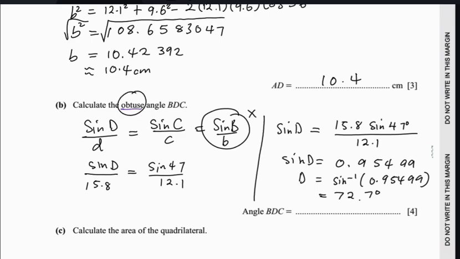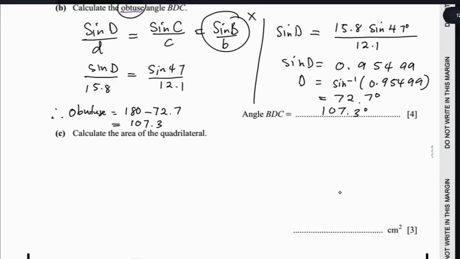You realize this is an acute angle, so the obtuse angle is equal to 180 minus 72.7. This gives us 107.3 degrees. Remember, when you're giving answers in angles, you leave them correct to 1 decimal place, 0.1 degree.